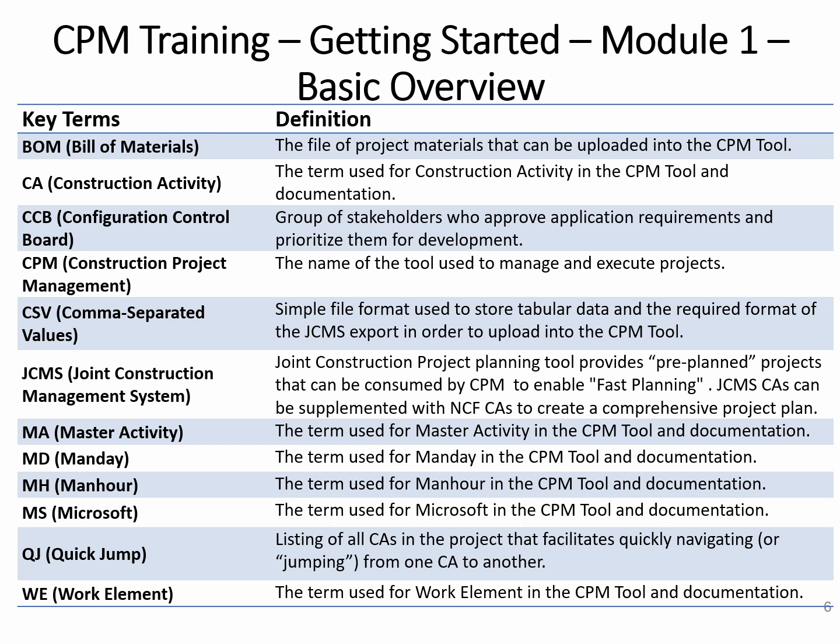We have come a long way since 7.4. We are now in 3.1. CPM, which is the Construction Project Management tool. A CSV is comma separated values.